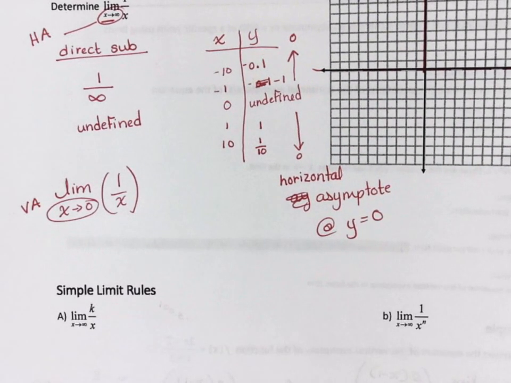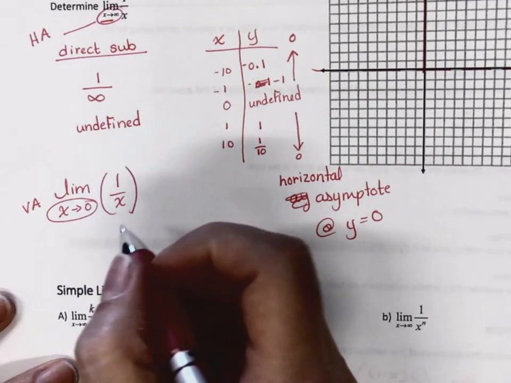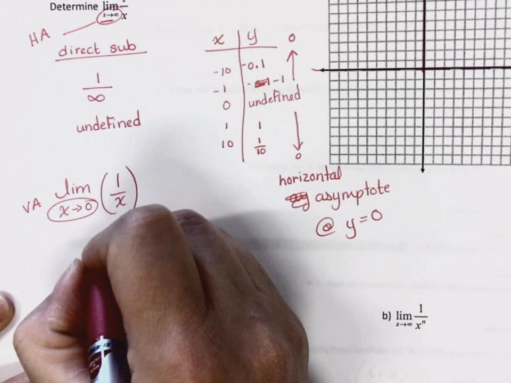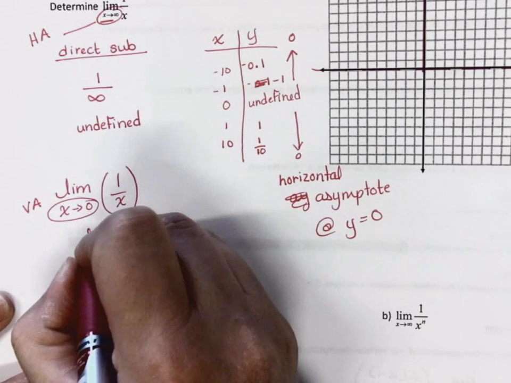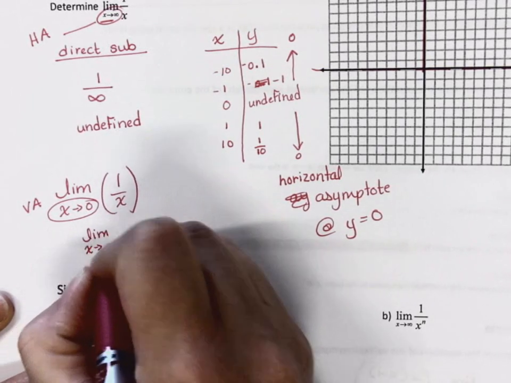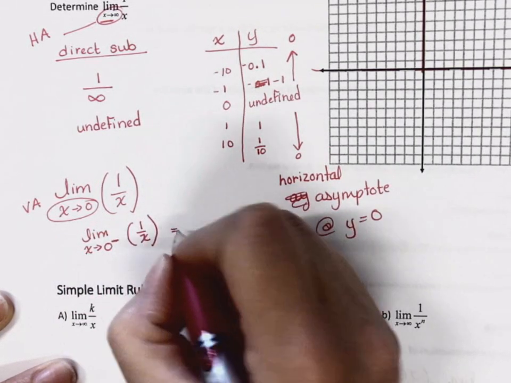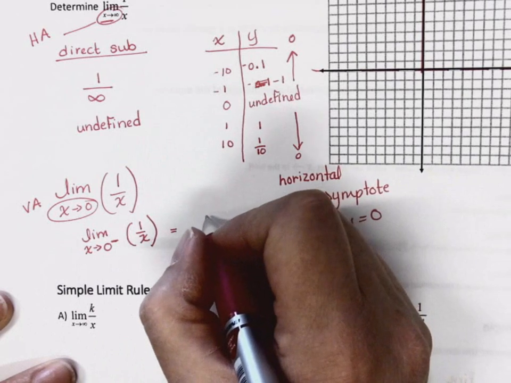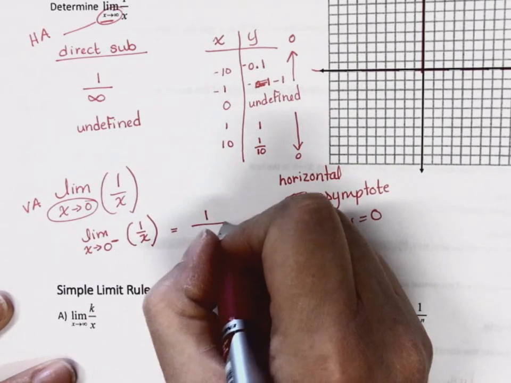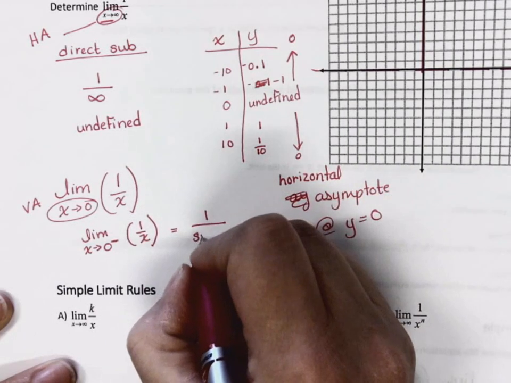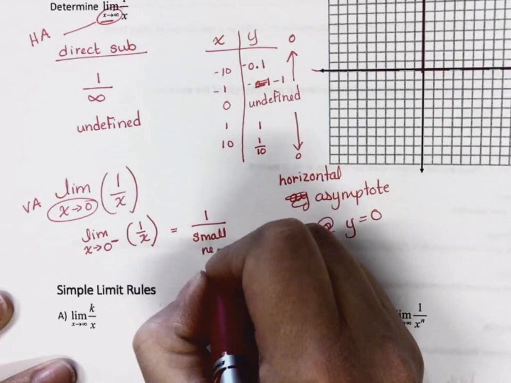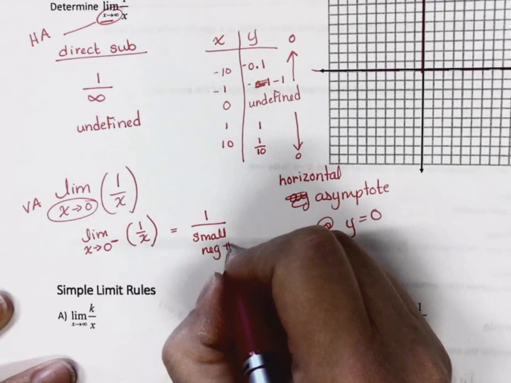So again, if we do direct substitution into this one, we are going to find that it's not going to work. It's going to be undefined. So if we pick values left of 0, so if we're doing the limit as x approaches 0 from the left, that's going to be 1 over a small negative number.